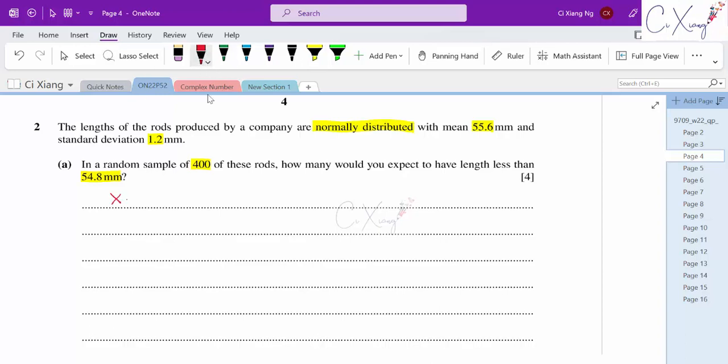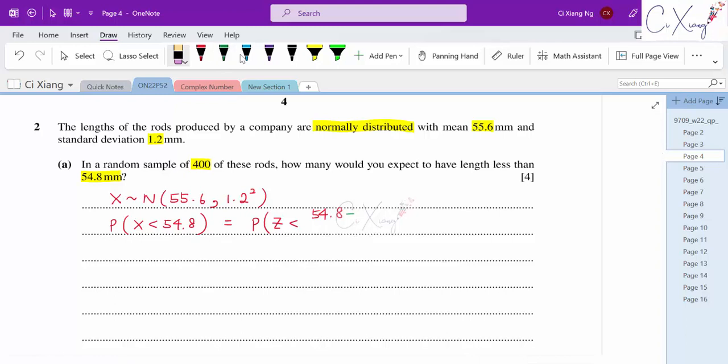First of all, I know that X, which is the length of the rods, is normally distributed with mean 55.6 and standard deviation 1.2, so the variance is 1.2 squared. First we need to calculate the probability for X less than 54.8. Since it is normally distributed, we have to standardize X to become Z. To standardize, we take the value minus the mean, divided by the standard deviation.